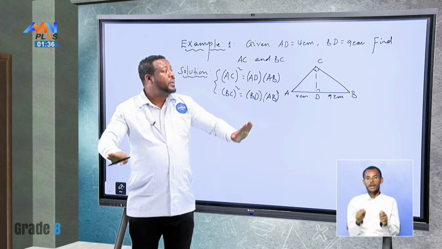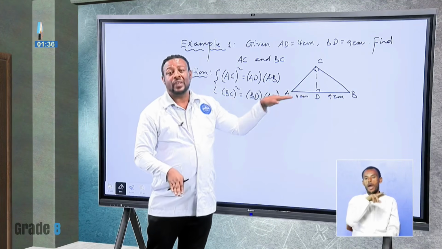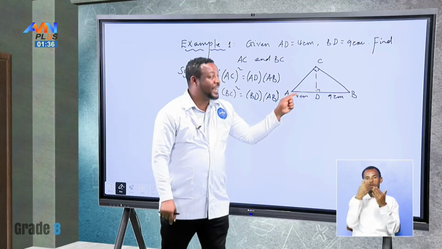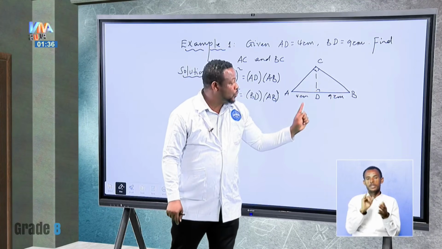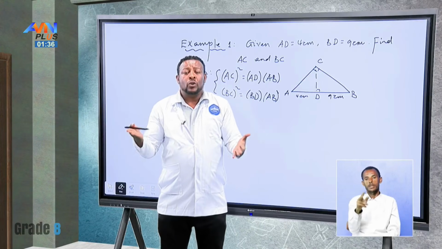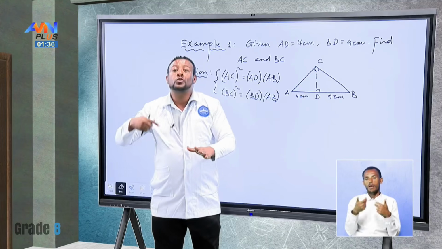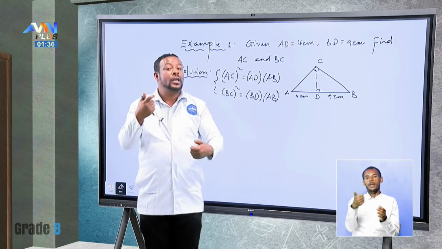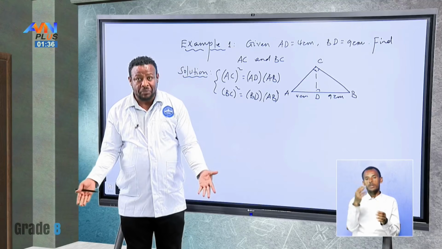Look, clearly the length of the hypotenuse in this triangle is known, right? The whole segment is the sum of these two, 4 plus 9, which is 13, right? So we don't have any other option to calculate the unknown sides AC and BC except applying Euclid's theorem, right?